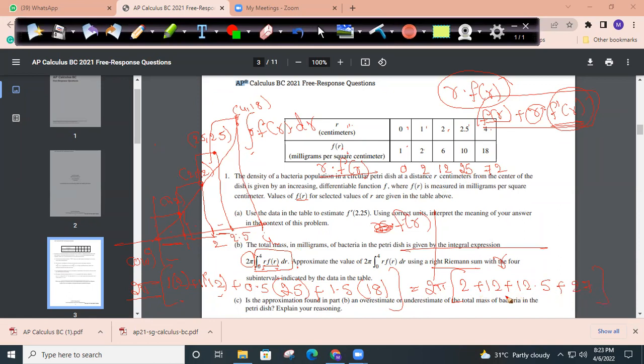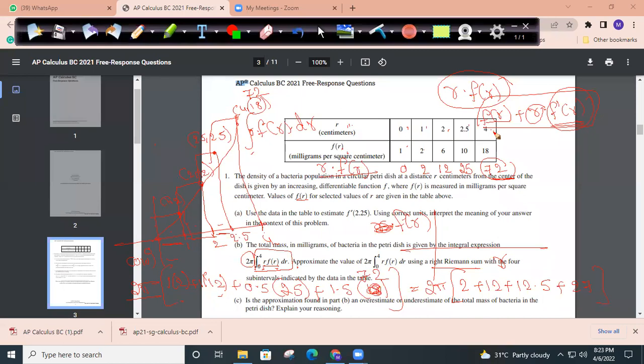Sorry, I wrote these values wrong. This is r into f of r, right? This is 72, not 18. It is 72. Sorry, 72. So 1.5 into 72. I think students are trying to tell me. Yes, correct.